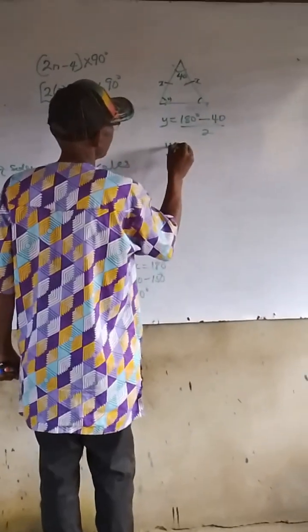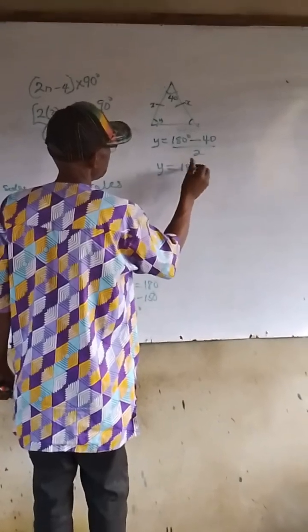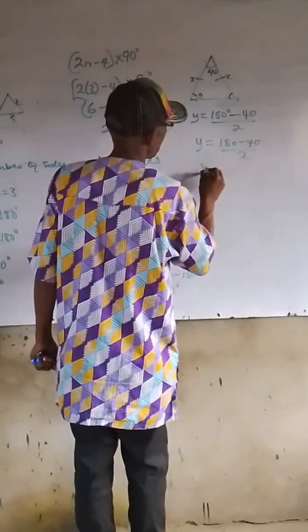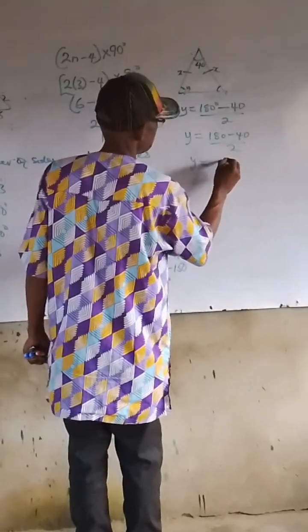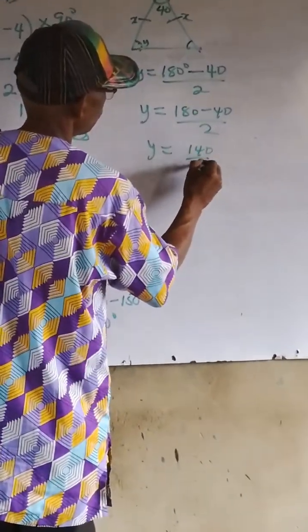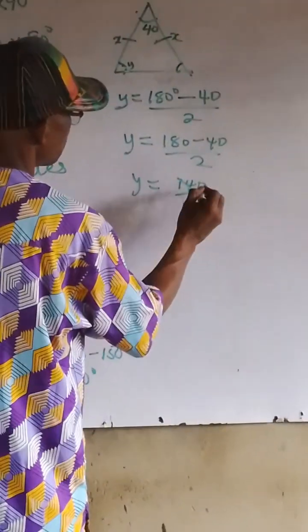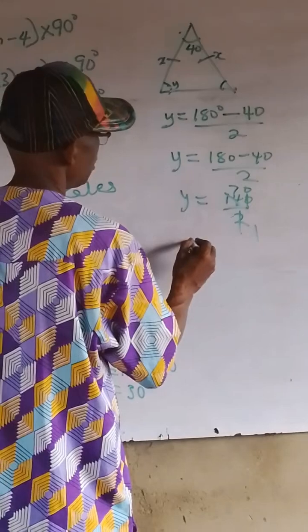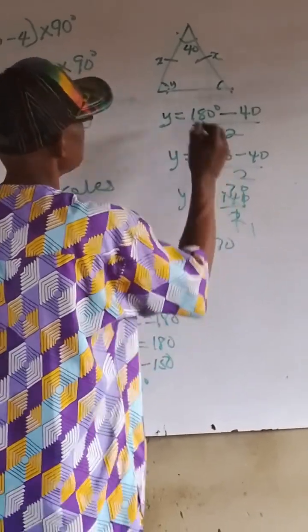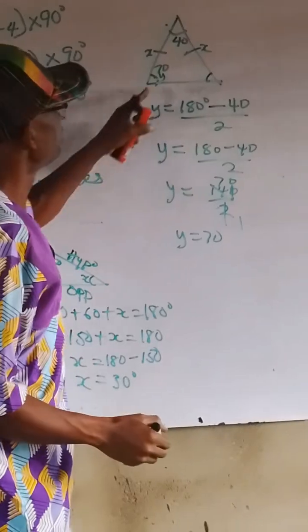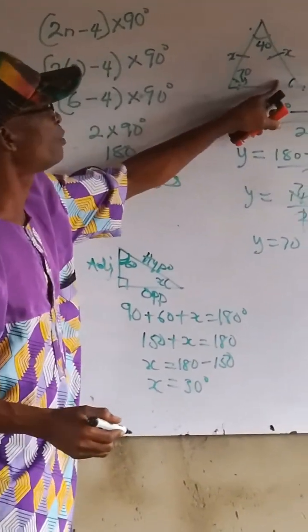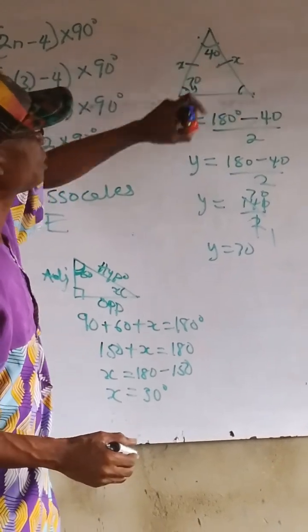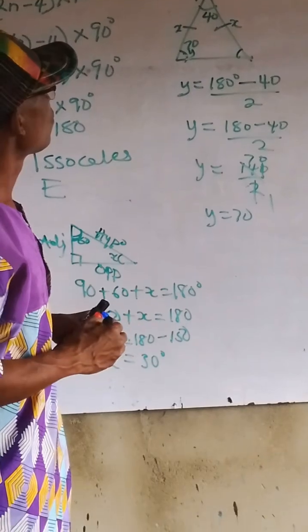So y is equal to 180 minus 40 all over 2. So y is equal to 140 all over 2. 2 cancel here, 1. 2 cancel here, 7. 2 cancel here, 0. Now your y is equal to 70. That means this place is 70. Since this place is 70, here needs to be 70 also. 70 plus 70 gives you 140, plus 40 gives you what?